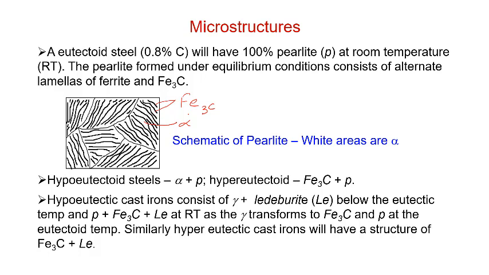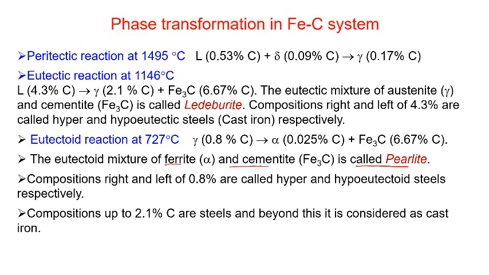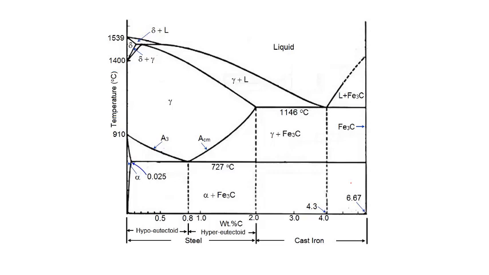what else we have before that? Let us see. Right, so like how we have in case of eutectic, hypo and hyper eutectic, here also we have hyper and hypo eutectoid steels. Anything which is left of the eutectoid point, that is your hypo eutectoid, and this region above 0.8% carbon, that is hyper eutectoid.